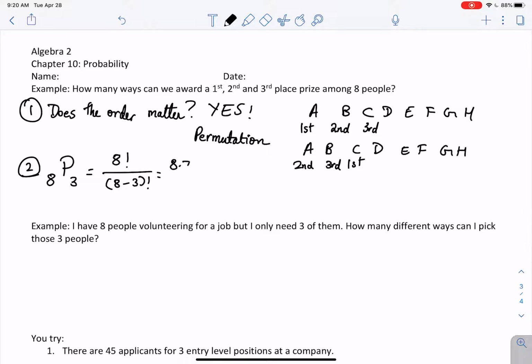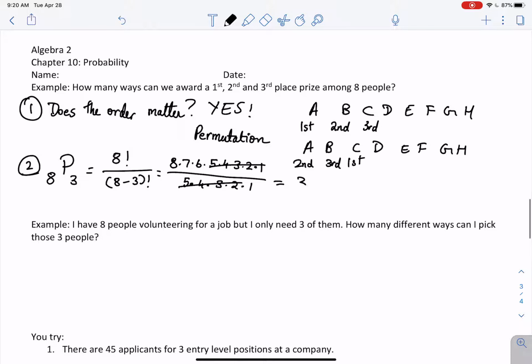That's 8 times 7 times 6 times 5 times 4 times 3 times 2 times 1, divided by 8 minus 3 is 5, so 5 times 4 times 3 times 2 times 1. Those can cancel, so I just get 8 times 7 times 6, which is 336. So there are 336 different ways we can award first, second, and third place.